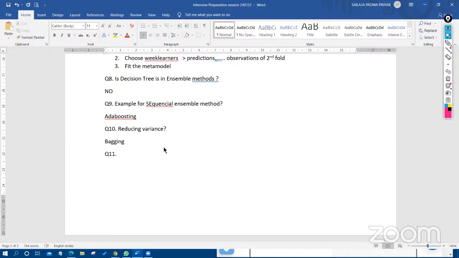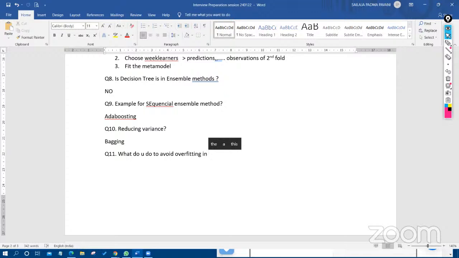Okay, fine. Then what about overfitting in decision trees? What do you do to avoid overfitting? Where do you face this overfitting problem, guys?